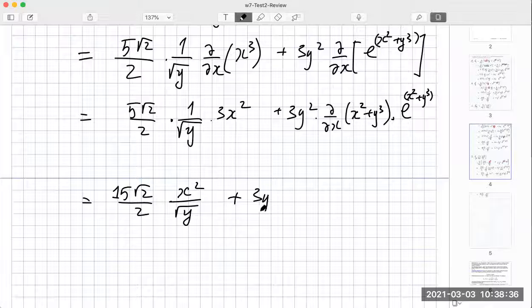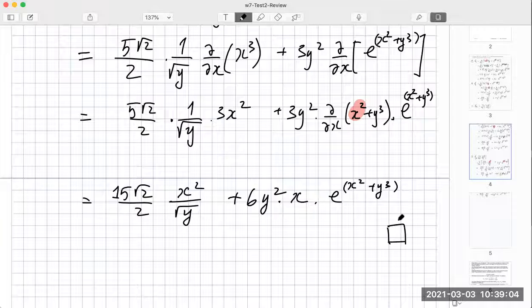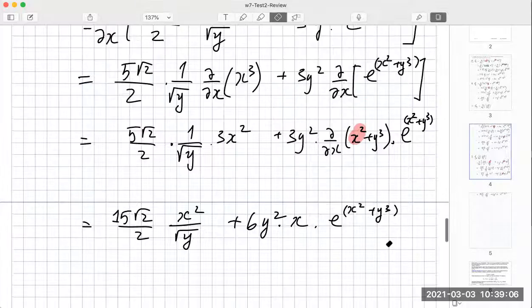Here, 3y squared, and the partial derivative with respect to x of x squared gives us 2x. Then 2 times 3 will be 6, and e to the x squared plus y cubed. That's it for part D.